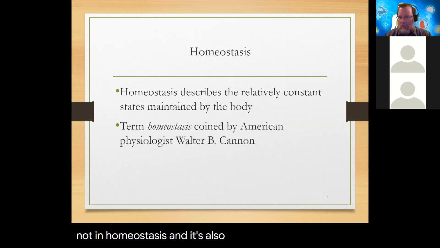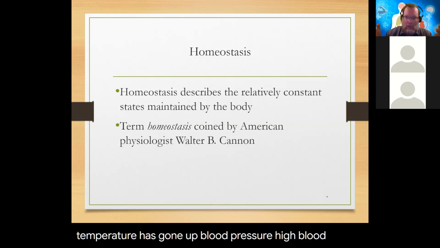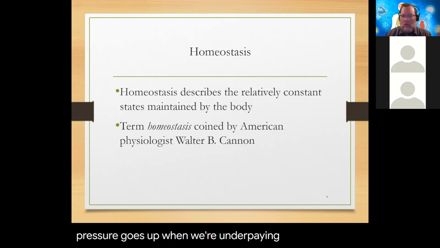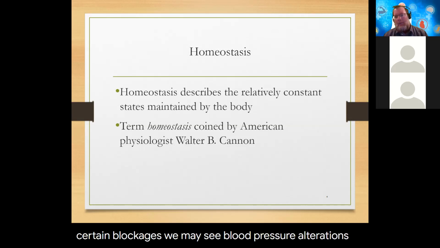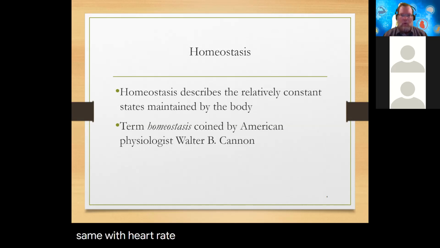And it's also a signal that something is wrong. There could be an infection. There could be stress. There could be any number of reasons why our body temperature has gone up. Blood pressure goes up when we're under pain, when we're under stress. When we have certain blockages, we may see blood pressure alterations. Same with heart rate. So anyway, kind of maintaining balance is homeostasis.